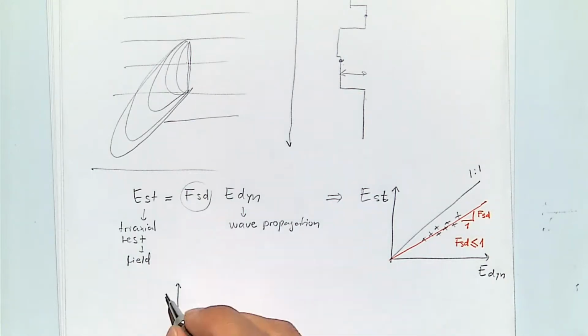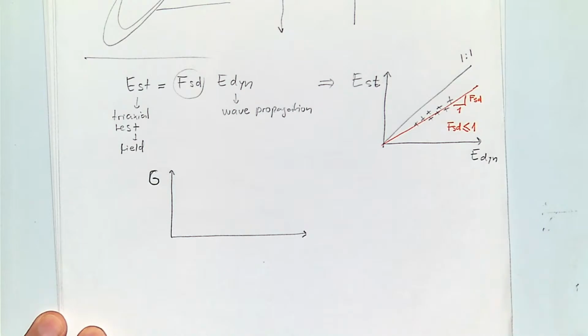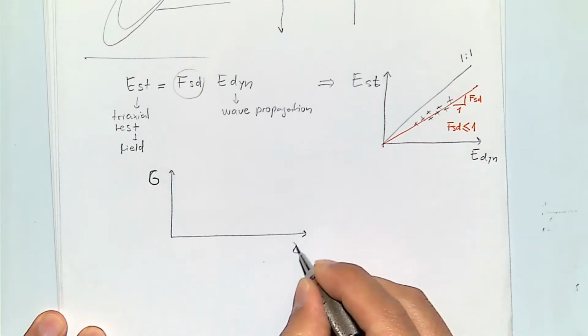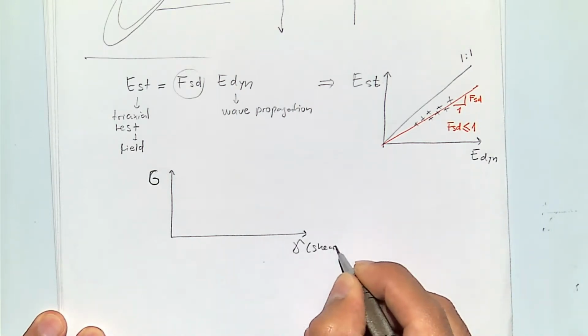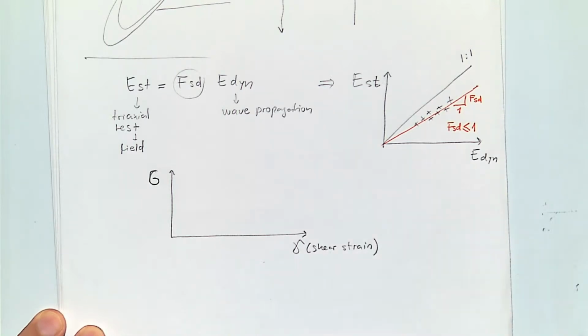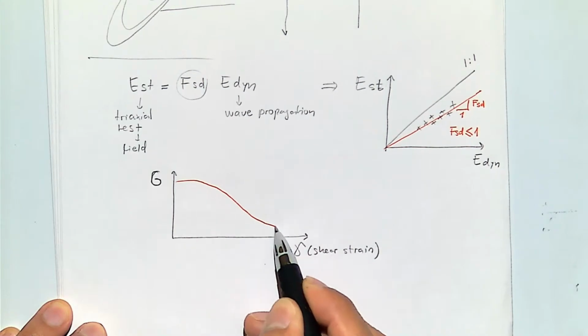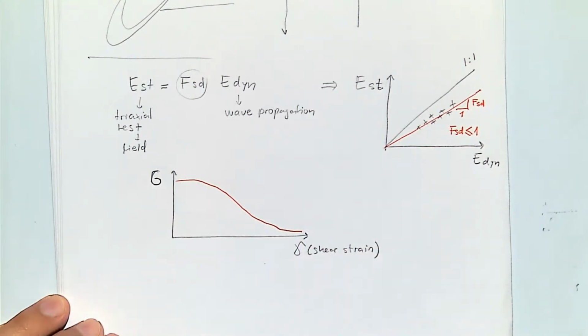If I were to plot here the shear modulus of a particular rock, and here I were to plot the shear strain, what I would tend to see is that the larger the strain, the lower that shear modulus is.